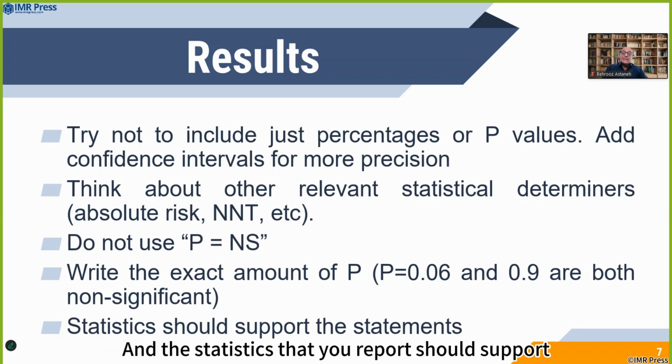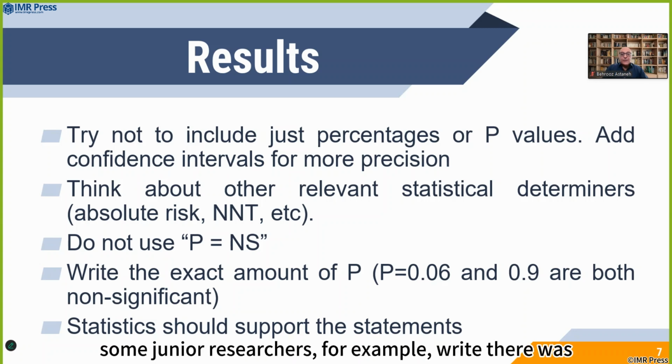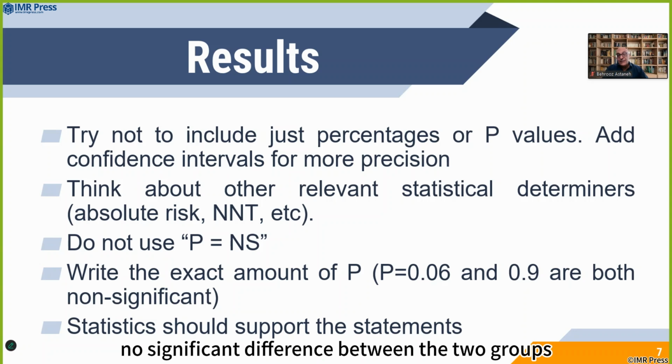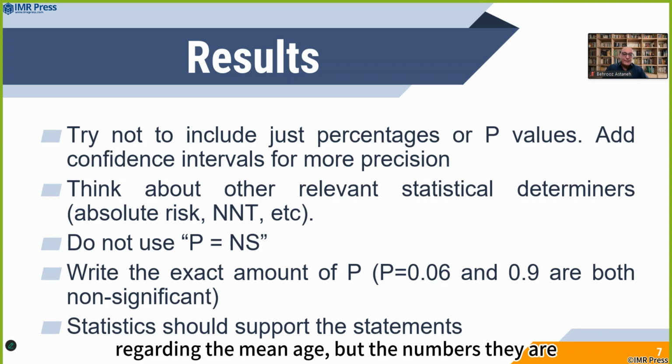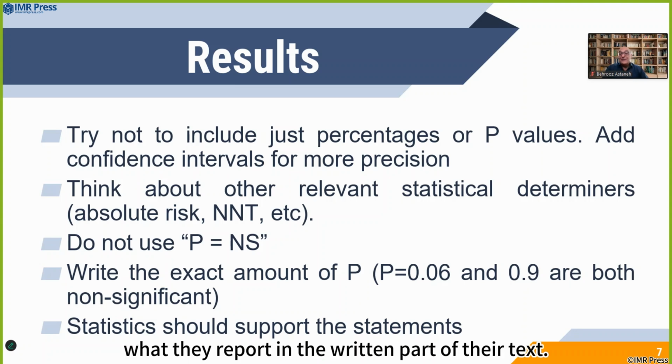And the statistics that you report should support the statement that you are mentioning. What do I mean by that? Some junior researchers, for example, write there was no significant difference between the two groups regarding the mean age, but the number reported as p-value is not aligned with what they report in the written part of their text.